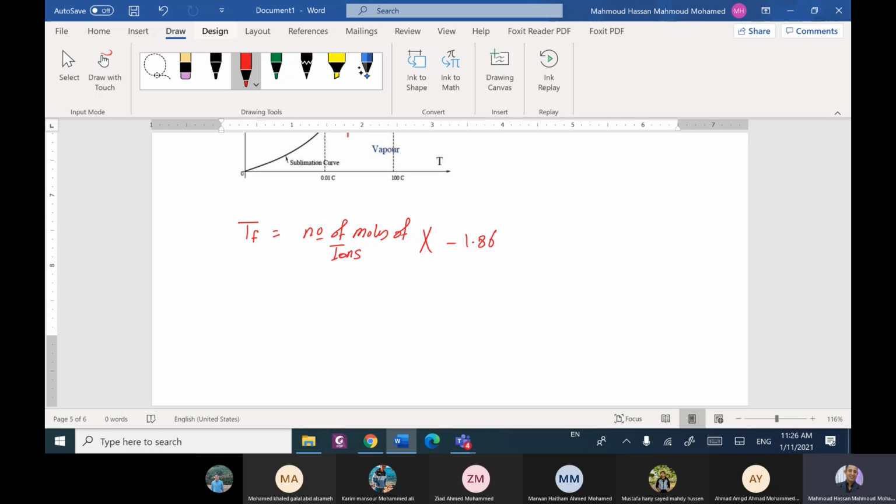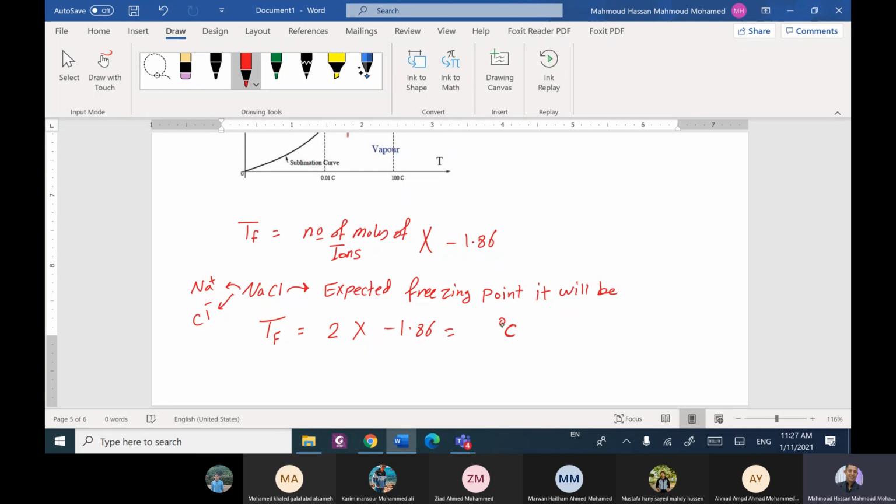It is a constant number. So if I told you I have sodium chloride, the expected freezing point will be 2 moles, since the sodium gives us 1 mole of sodium and 1 mole of chlorine, times negative 1.86. It will be in degrees Celsius.